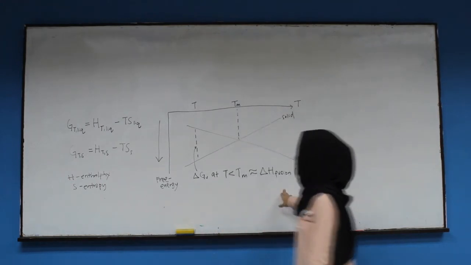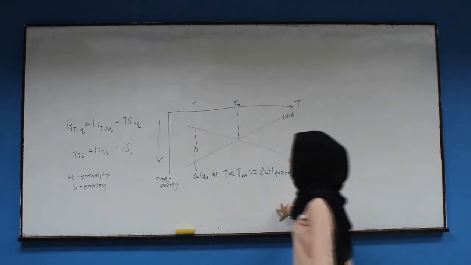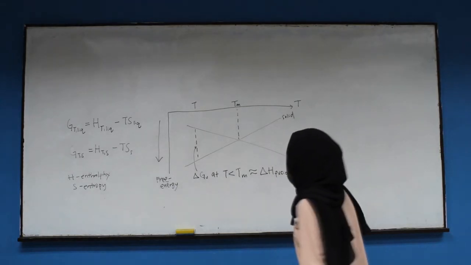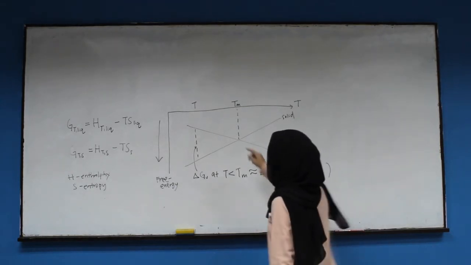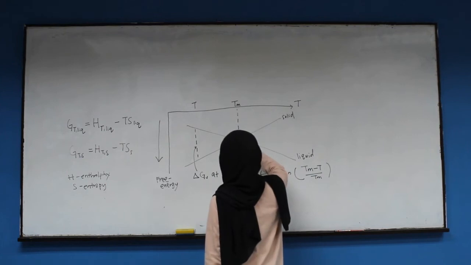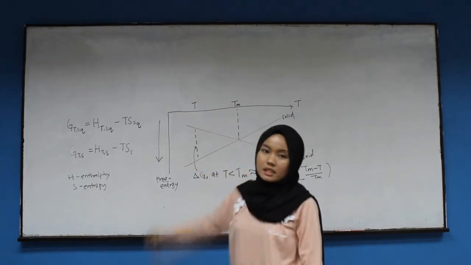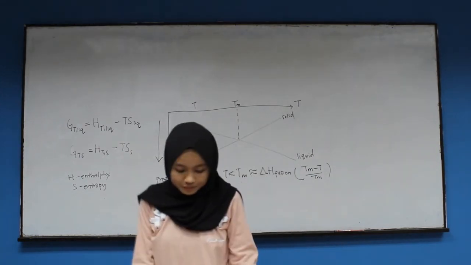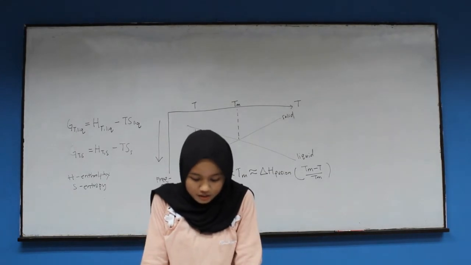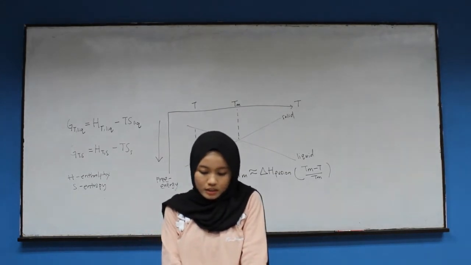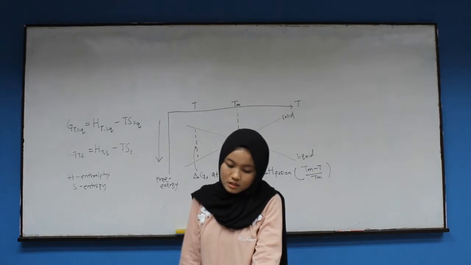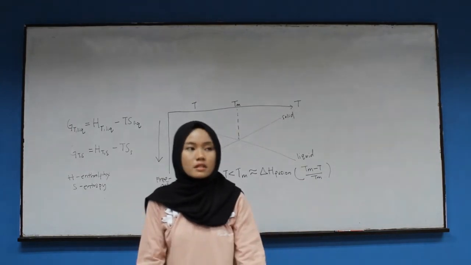This is the diagram of the free energy. And this is the intersection. The intersection marks the Tm, that is the melting temperature. The heat capacities are not a function of T, and the T range considered is not too large.